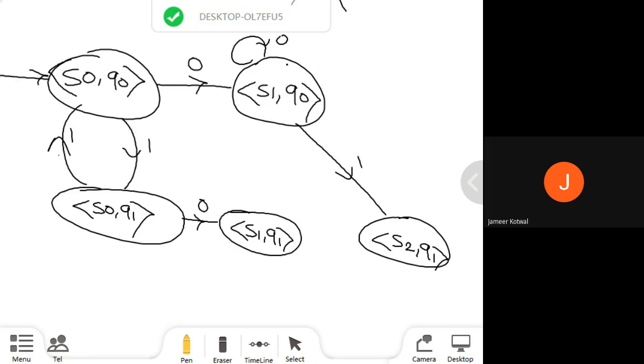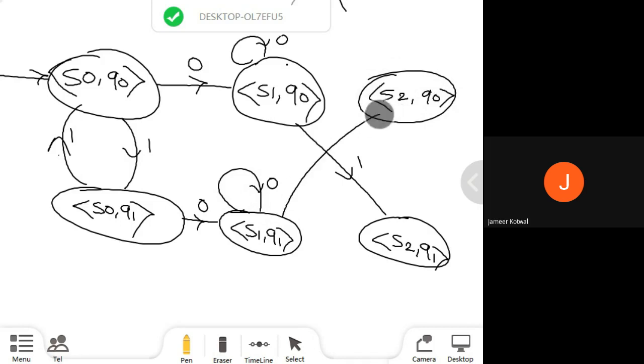S1 Q1, when I process a 0, it remains in this state only, बरोबर. And when I process 1, it reaches a state that is S2 Q0. So by processing 1, it reaches the state S2 Q0.